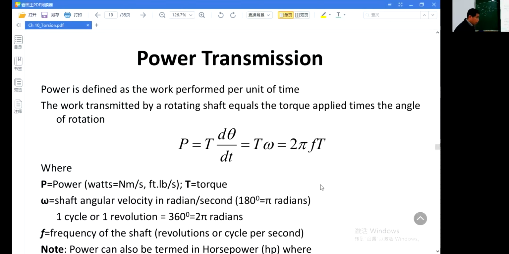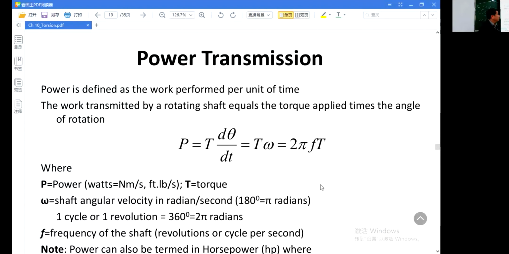Last lecture, we know how to find the shear stress for shaft. The formula is tau is T rho over J. If you finished the homework, you know it.